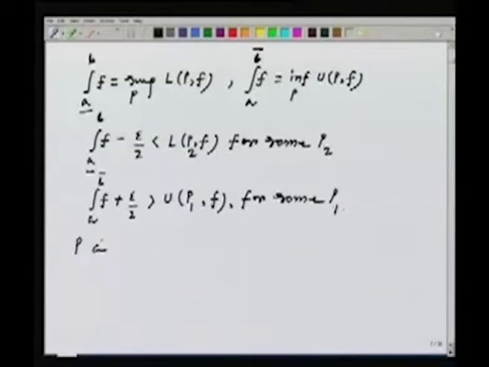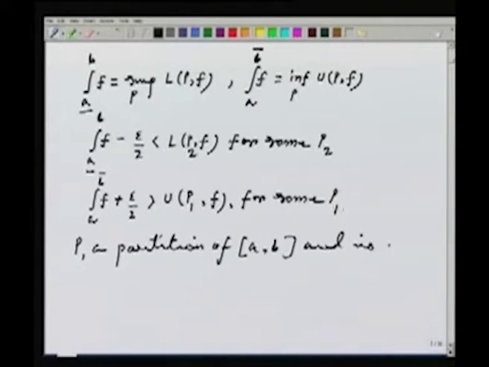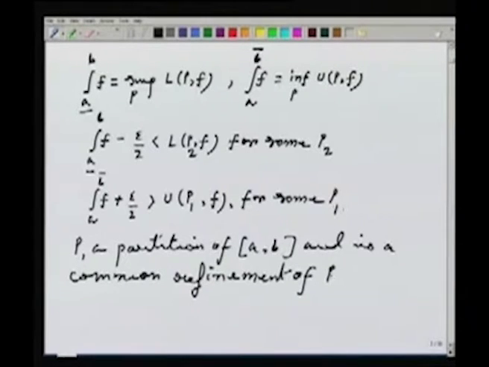Now I look at P, which is a partition of [a,b] and is a common refinement of P1 and P2. What does this mean? P1 is a subset of [a,b], so is P2. I take another subset of [a,b] which is bigger than P1 and P2.